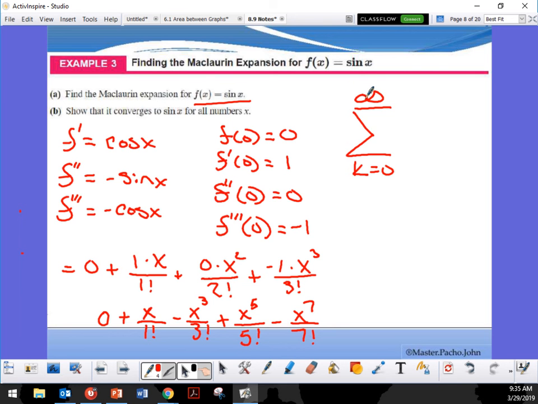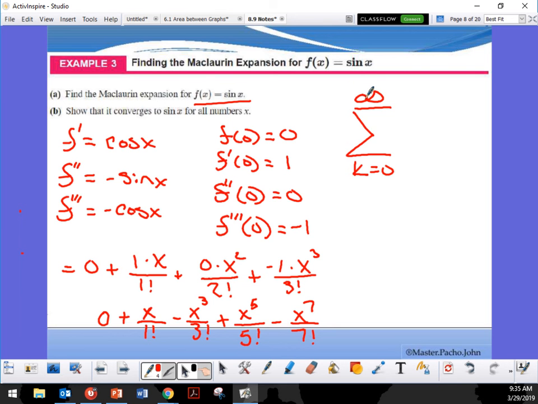I want you to think about how I'm going to represent this. No, negative 1 to the what? The k. Yes, that type of thing. But if I were you, I would not include the 0 because 0 goes away, right? So it's really not one of the terms anymore.